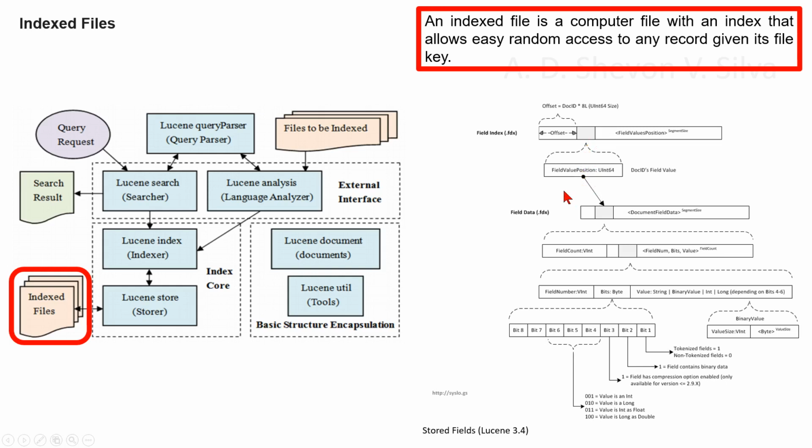The field index, or FDX file, contains for each document a pointer to its field data. The field data, or FDT file, contains the stored fields of each document.